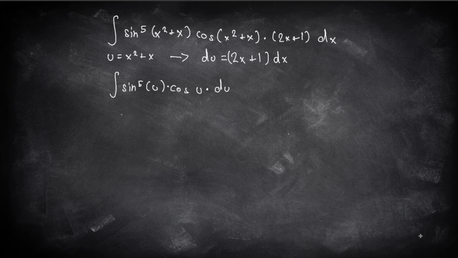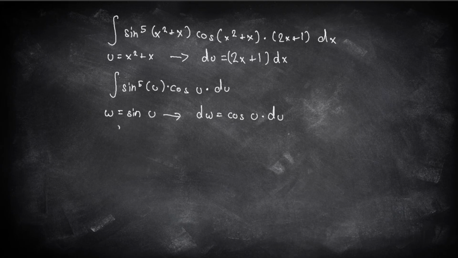Okay, now let's use another substitution. Let's say w is equal to sine of u. So then when we take the derivative of w, we have the derivative of sine, which is cosine of u, and that leaves behind a du. Well, we see this is right here.